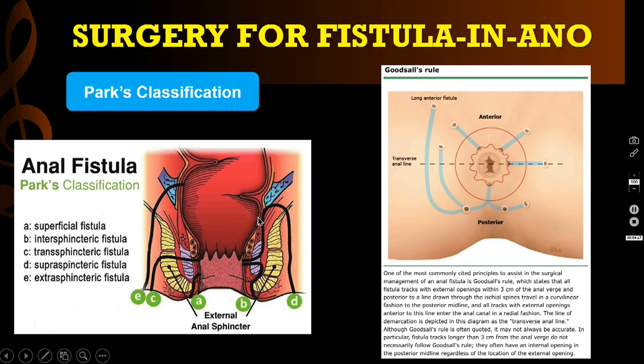Another important thing you have to know is about the internal opening. Depending upon where the external opening is, that will decide where the internal opening will be. So we have to divide this anal area through a horizontal line.